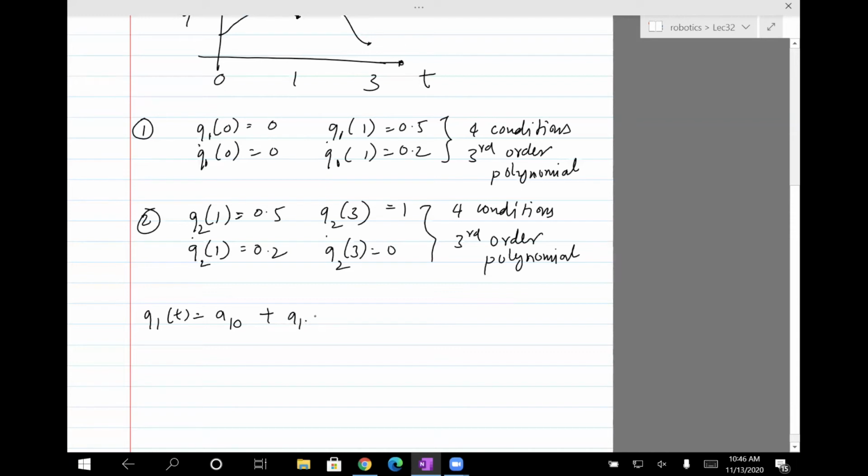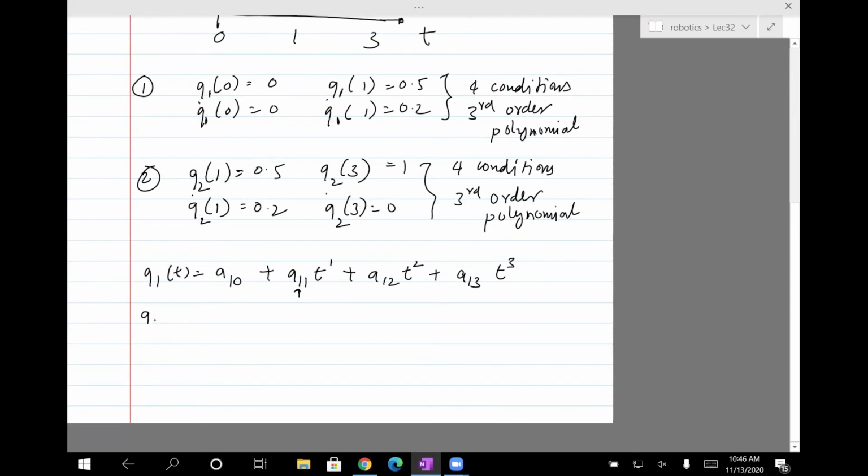Similarly, we have a11 t, where the first one represents the first part of the curve and the second represents the coefficient corresponding to t, then a12 t square, a13 t cube, and then we have q2 of t equals a20, 2 for the second path, a21 t plus a22 t square plus a23 t cube.